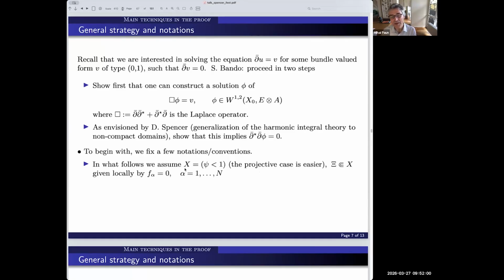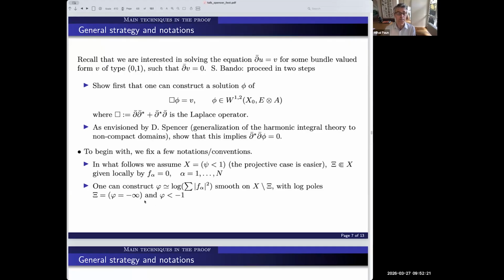So now let's fix locally some equations for Xi, and accordingly we can construct a function which is smooth in the complement of our analytic set and which has logarithmic poles along Xi. We can also normalize it by saying that the maximum is -1.